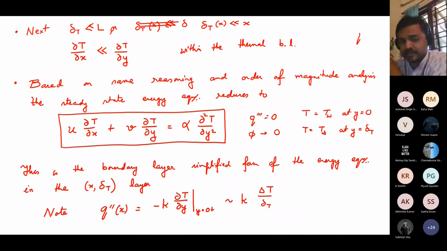But that doesn't happen. So therefore, there is a temperature gradient, and the higher this temperature gradient, which means the lower the thermal boundary layer thickness, the higher is my heat transfer.